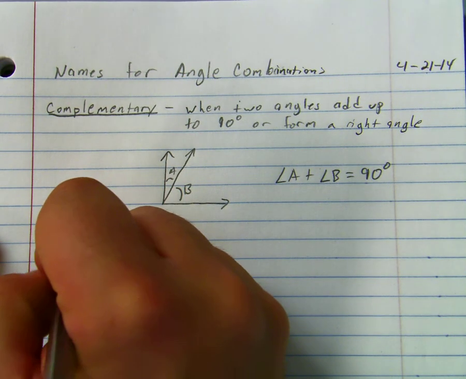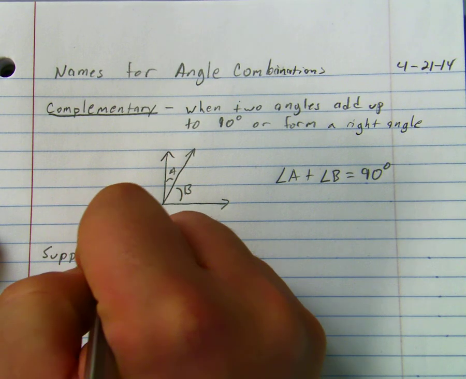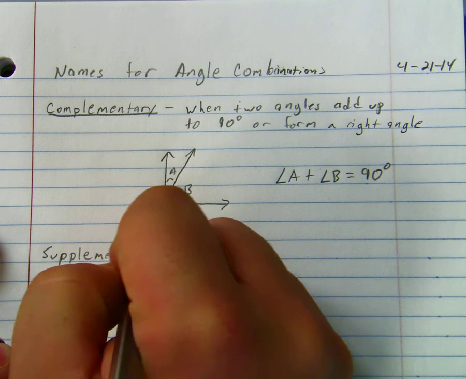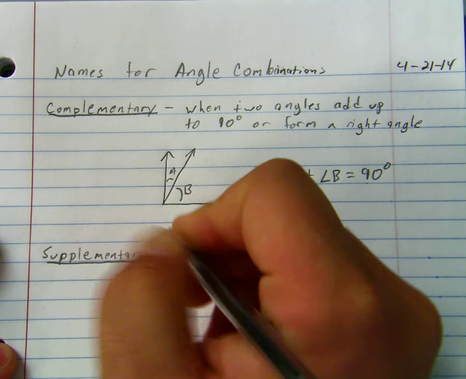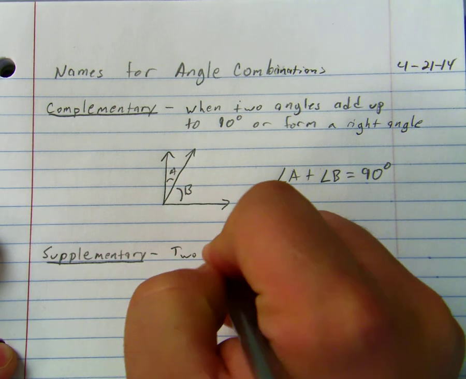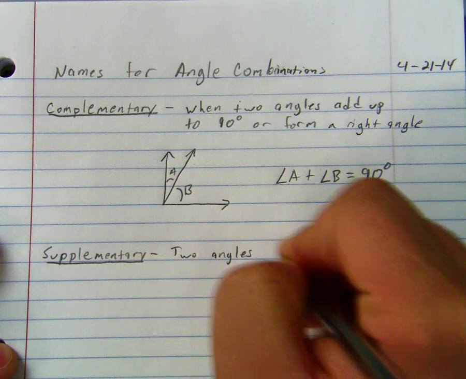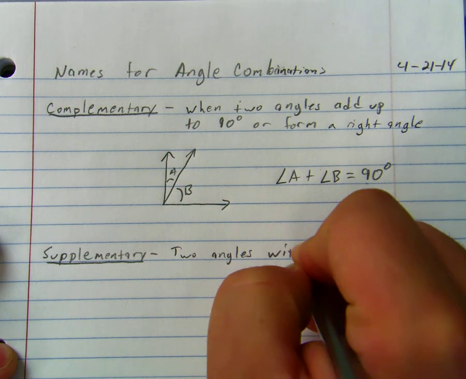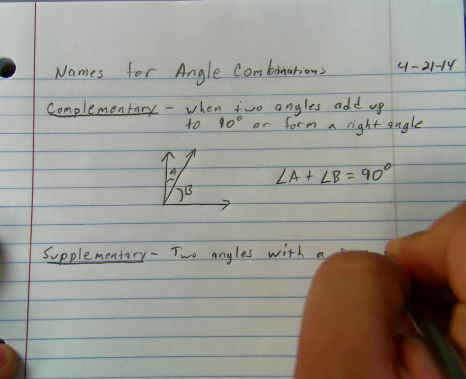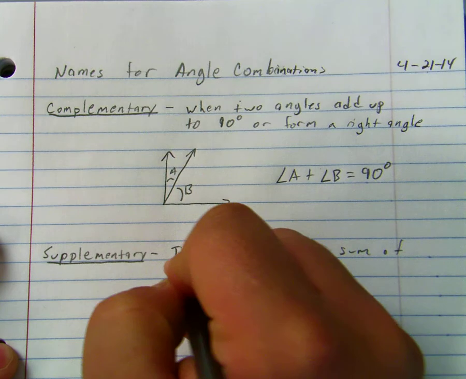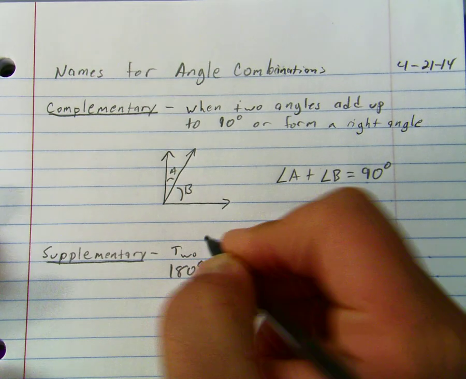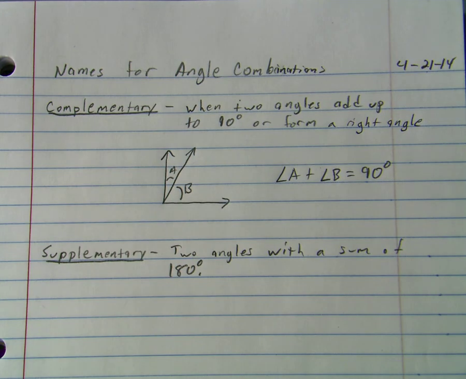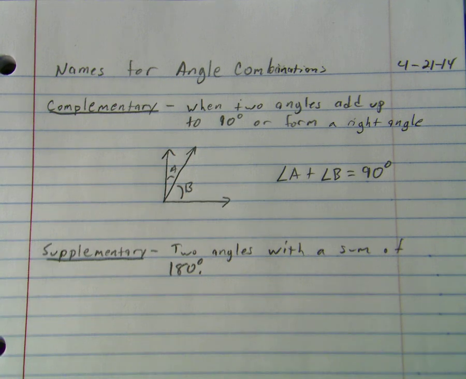Supplementary is when you add up to 180 degrees. Now, if you don't remember, a 180-degree angle is simply a straight line.